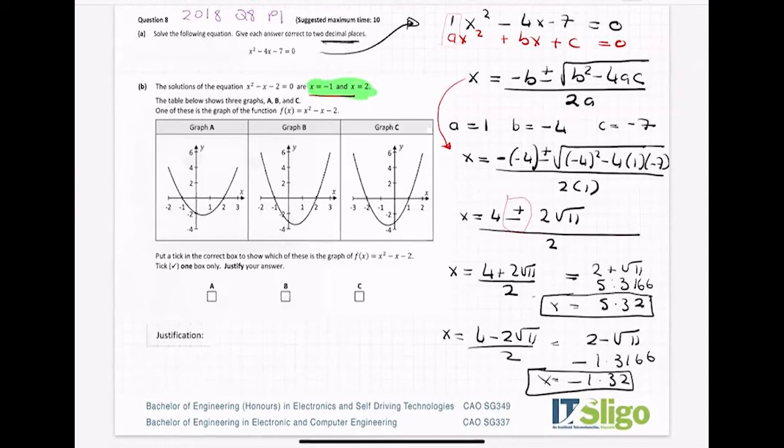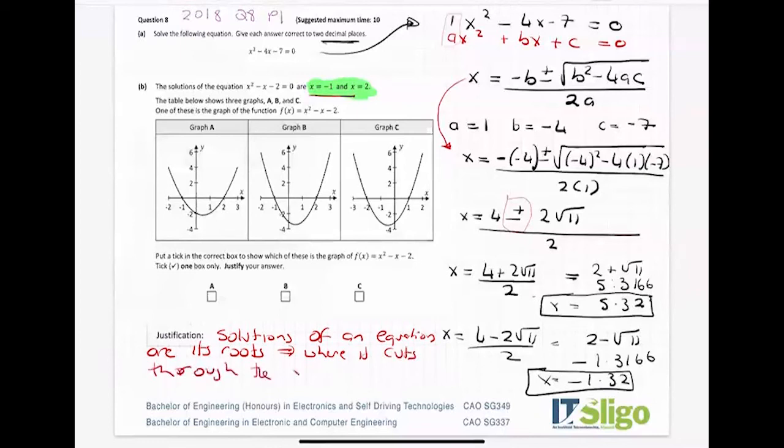Okay, well, this is where algebra meets functions, and you have to know that the roots or the solutions of an equation are its roots, where it cuts through the x-axis.